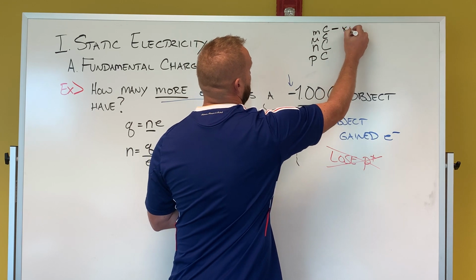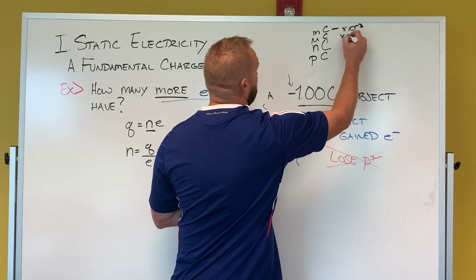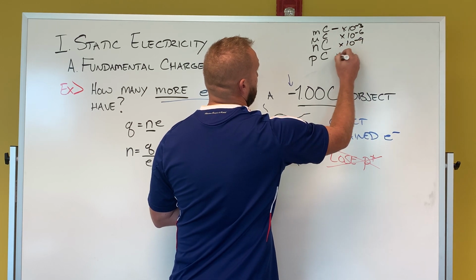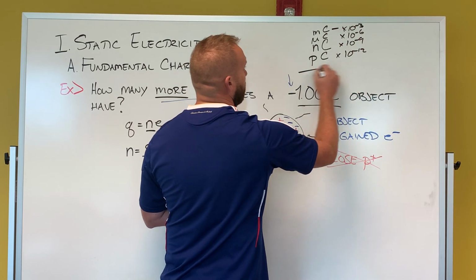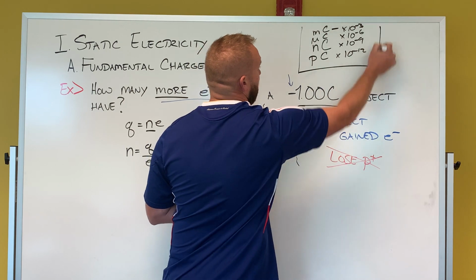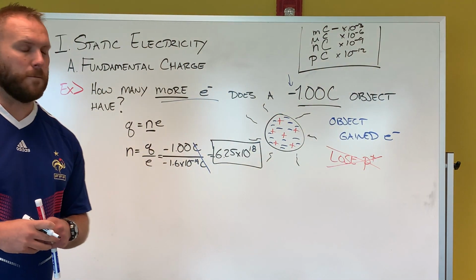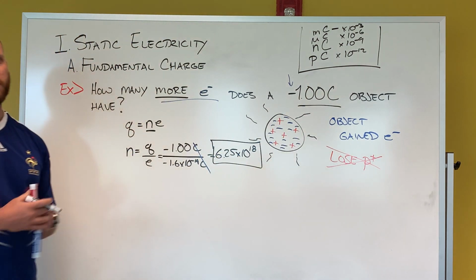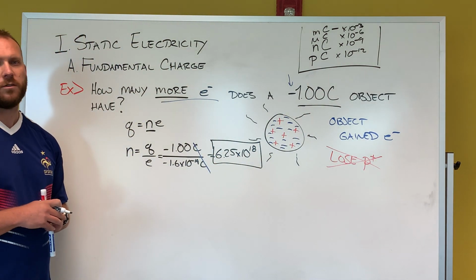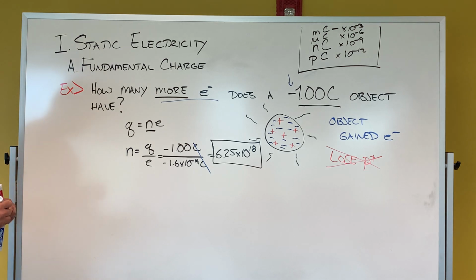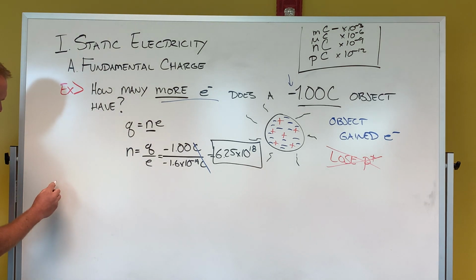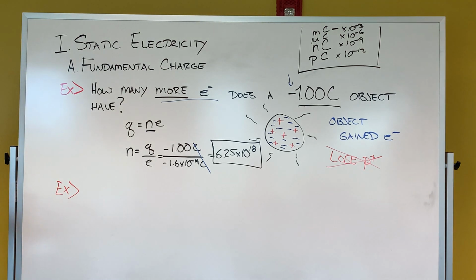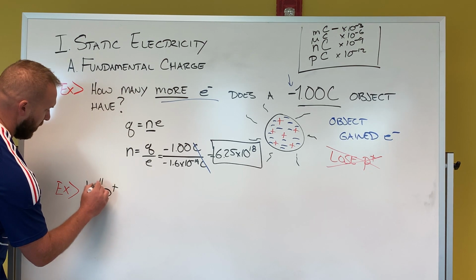So this is times 10 to the negative 3, times 10 to the negative 6, times 10 to the negative 9, times 10 to the negative 12. So usually the charges that objects are going to contain are really, really small, right? But if something has 1 coulomb of charge, it is a substantial, it's millions of additional electrons than it has in protons, okay?